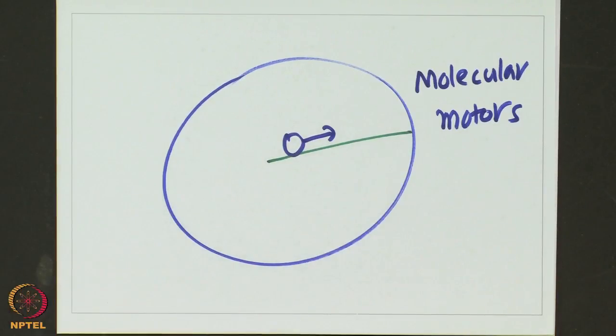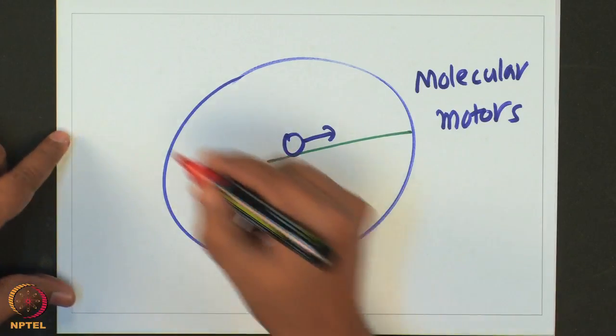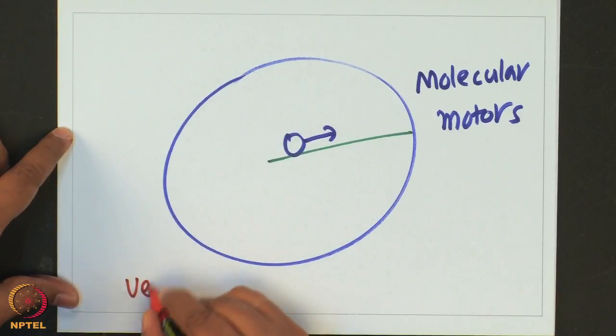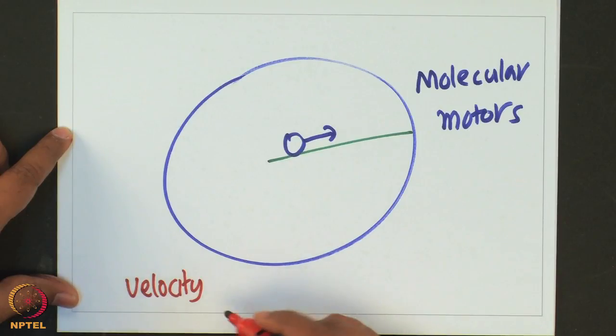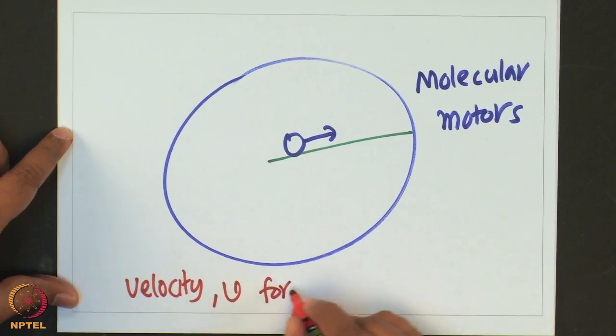And how far will this go as a function of time? These molecular motors have a velocity. So velocity v for molecular motor.